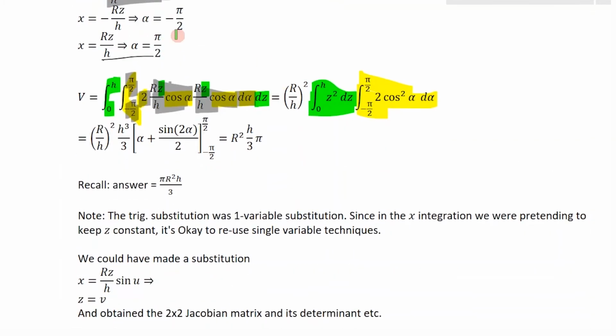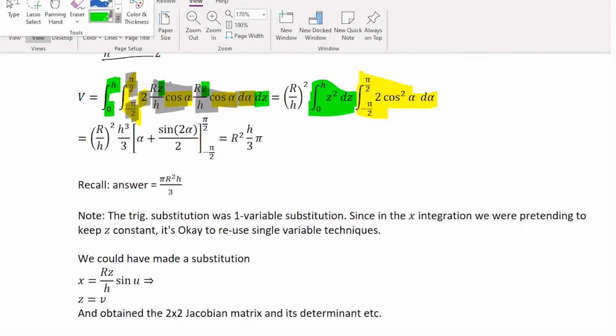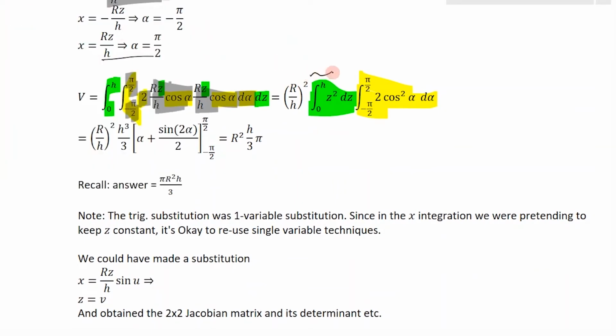Next thing I did is I integrated over z. This gave me z cubed over 3, and plugging in h and 0, I got h cubed over 3. For this guy, I used the double angle formula to rewrite this as 1 plus cosine of 2 alpha. And when I integrated that, I got alpha plus sine of 2 alpha over 2, from negative pi over 2 to pi over 2. Then I rewrote this, well, I canceled h.